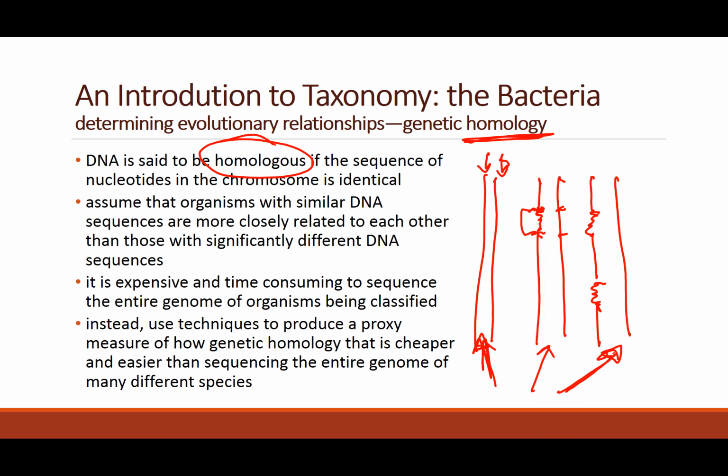So some easier to gather data that will tell us maybe not the whole story, but get us a little bit closer to the truth so that we can afford or have time to do all of this systematics work. And so in the next slideshow, we will take a look at some of those techniques of genetic homology.